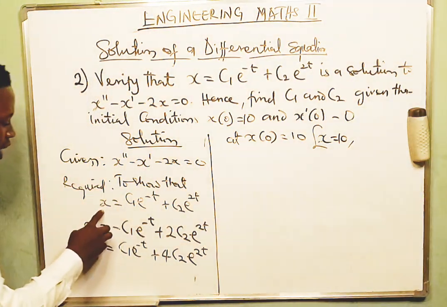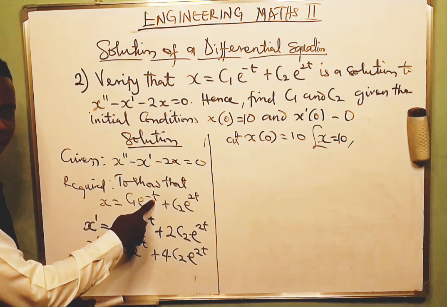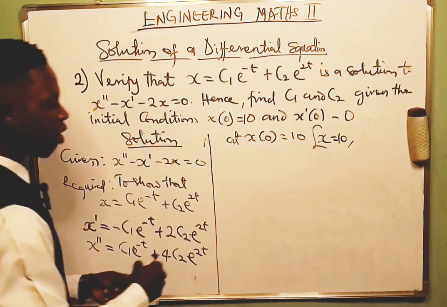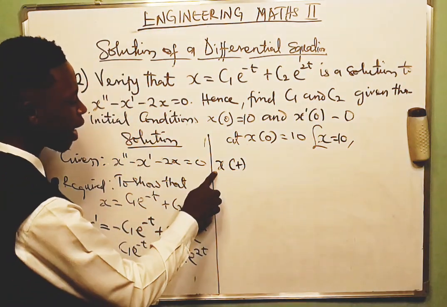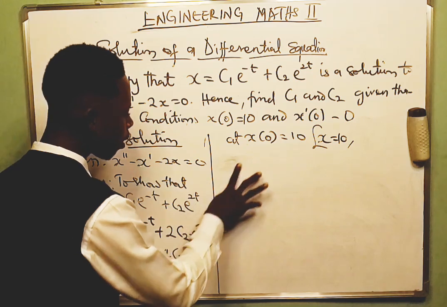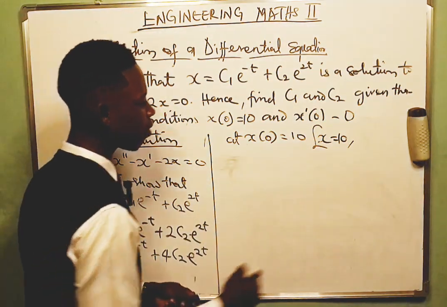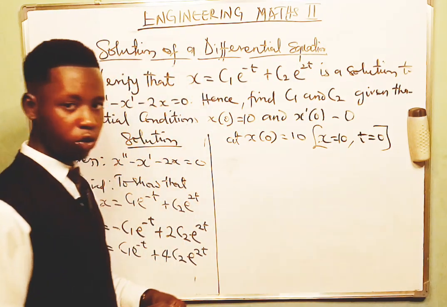So x is differentiating with respect to t. It's just like saying x of t. So that value that we have in a bracket is t. t is equal to 0. So you should be careful.